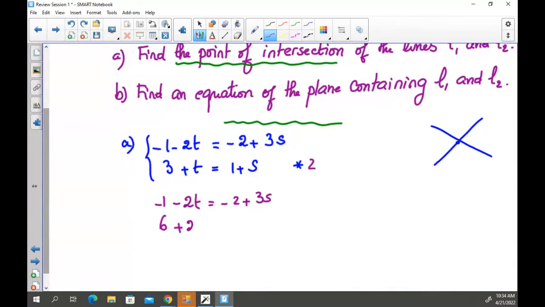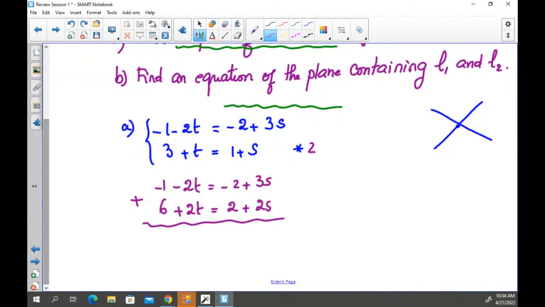So it will be 6 plus 2t and 2 plus 2s. Good. And then we add. We can add to eliminate the t. So that will give us 5 on this side. And then minus 2 plus 2 will cancel. This and this also will cancel. And what are we getting on the right side? 5s, which means s is equal to 1.